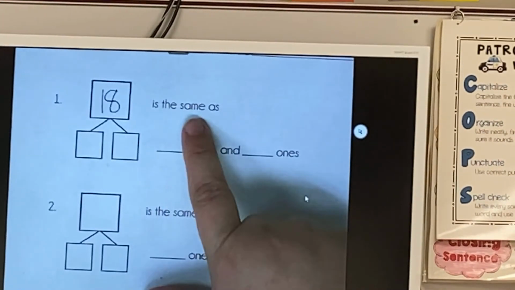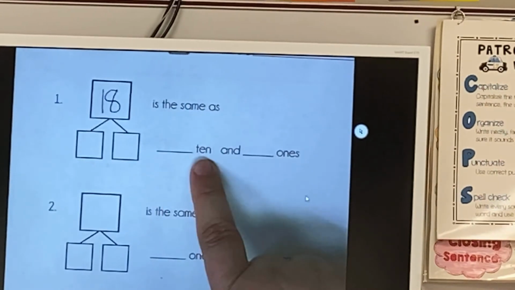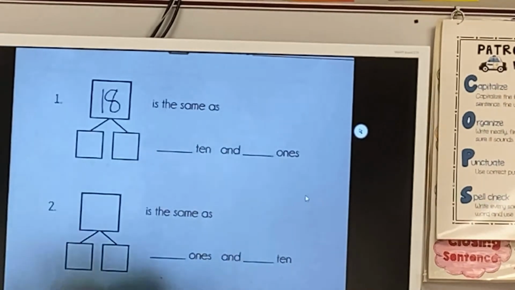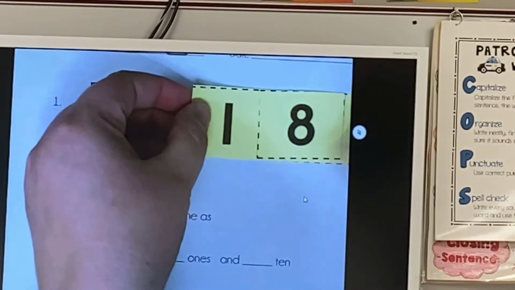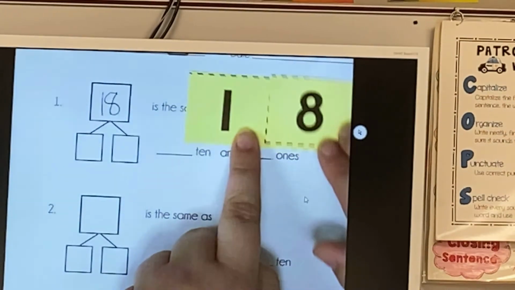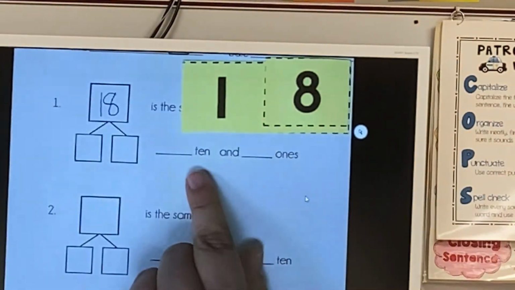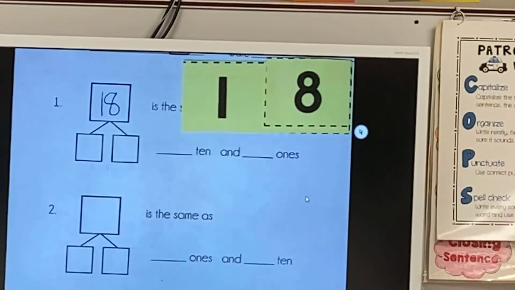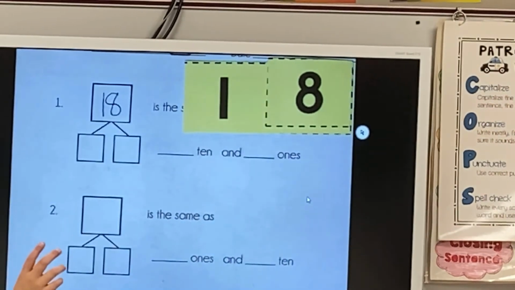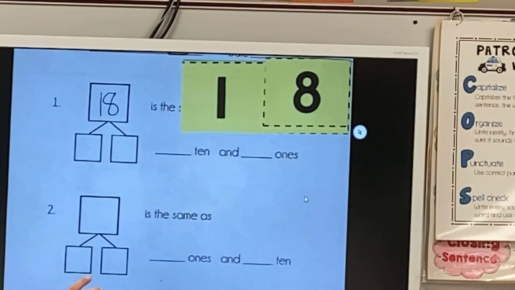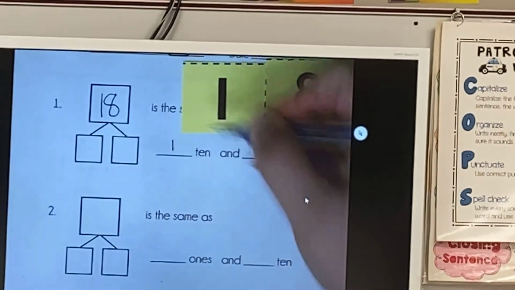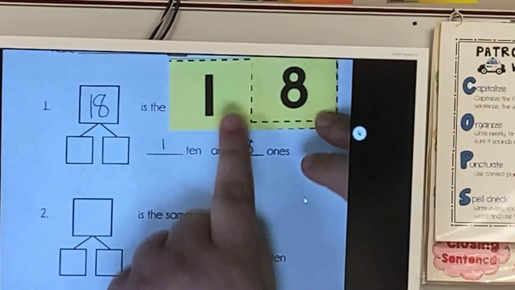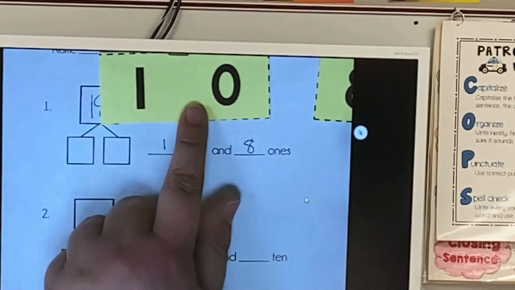Is the same as blank tens and blank ones. So I've made the number 18 right here with our high 10 cards. So I want you to tell me how many 10s and how many 1s are in 18. Riker. 1 ten and 8 ones. Okay, good. 1 ten and 8 ones.